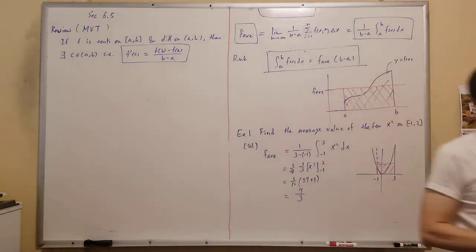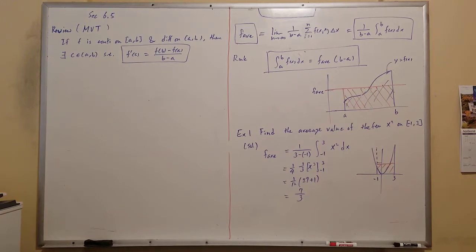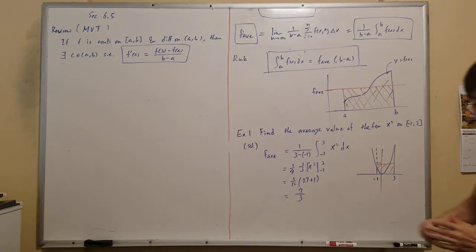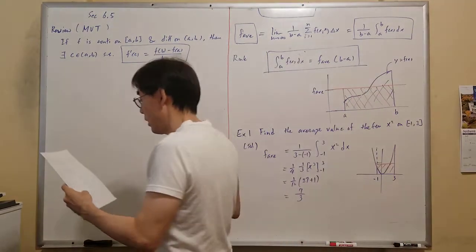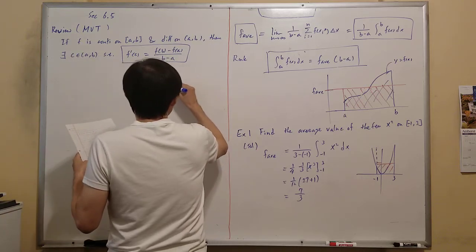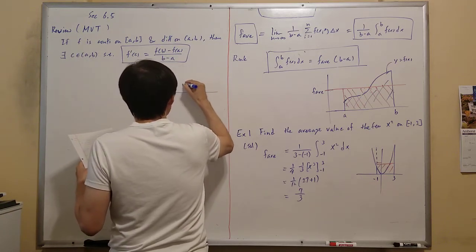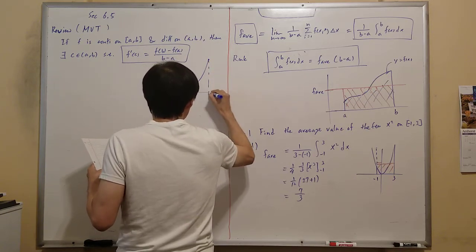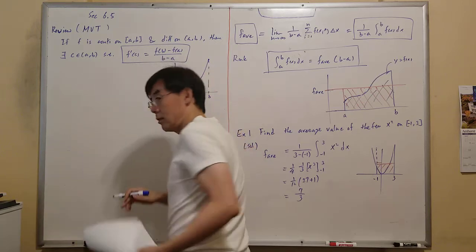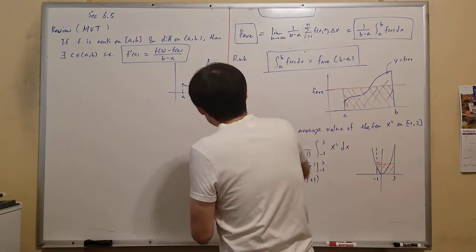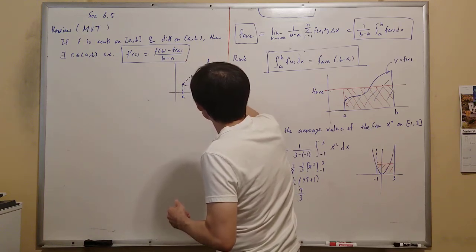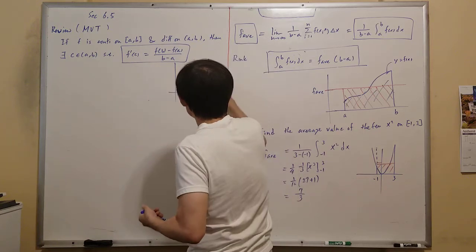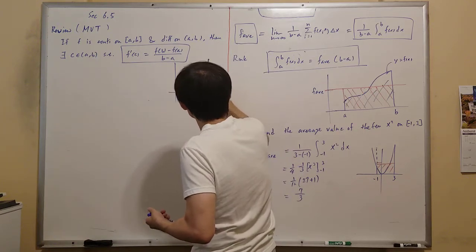Graphically, that means if you have a function from a to b, there is some point c where the slope of the tangent line is the same as the slope of this secant.